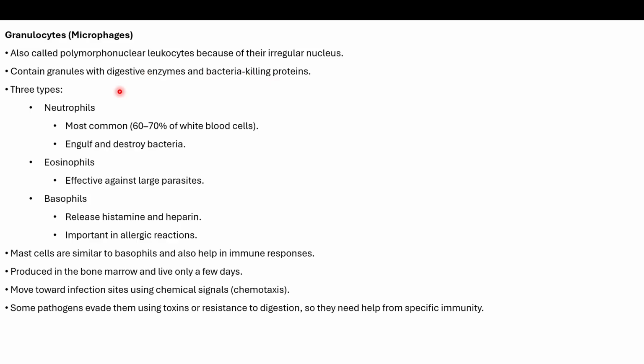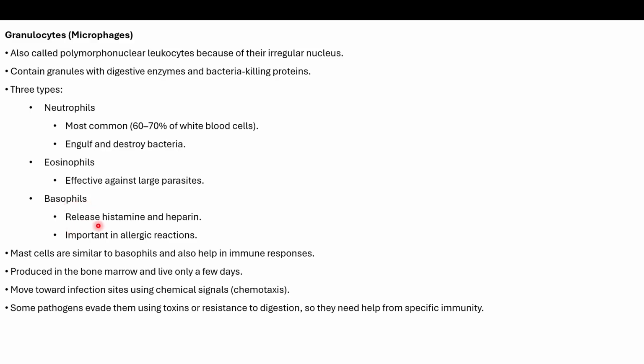Further classification of granulocytes can be of three types: neutrophils, which are most common, comprising 60 to 70% of the total white blood cell count in the body. They engulf and destroy bacteria. There are eosinophils, which are effective against really large parasites.